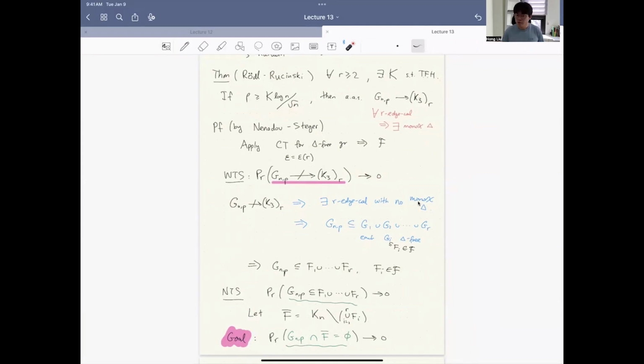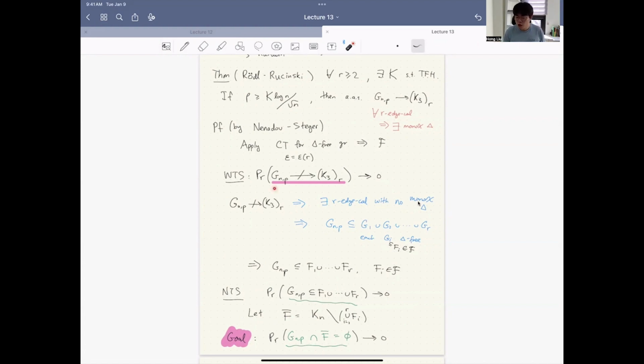Its complementary event means we can R-color GMP so that there's no monochromatic triangle, meaning GMP's edge set can be colored by R color classes of triangle-free graphs. But every triangle-free graph is contained in some container Fi.